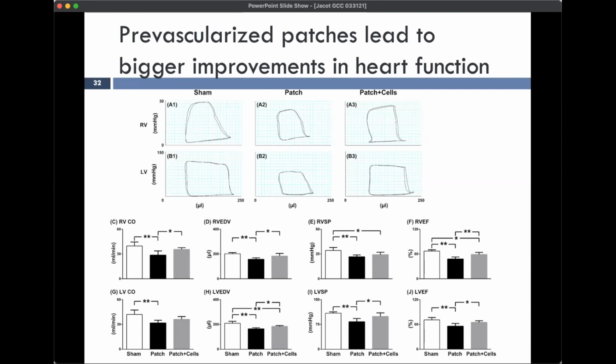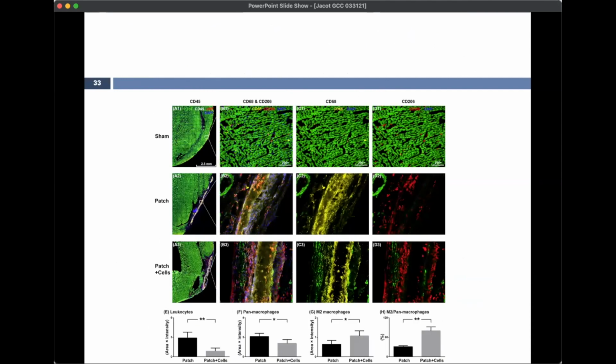And when we do that, we get significantly improved right ventricle function compared to the same thing without a pre-vascularized system. And really thinking that the vasculature is what's needed to pull in the other cells. So we could show here that having a vasculature in there seems to mediate the immune response.